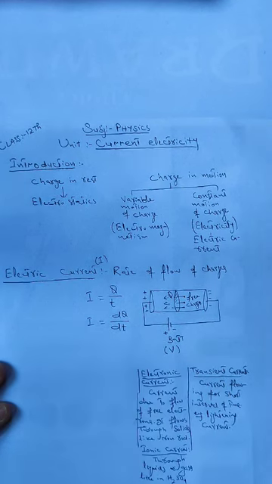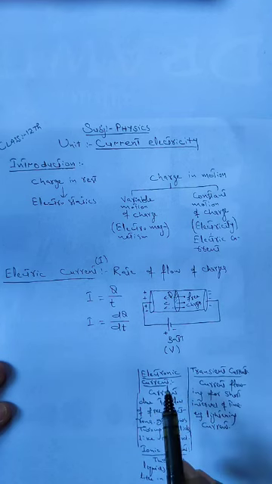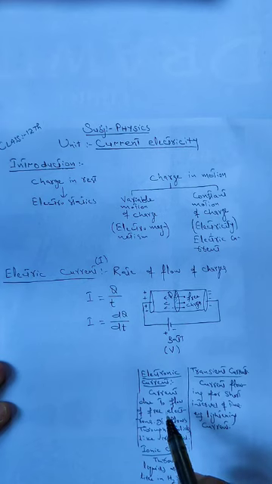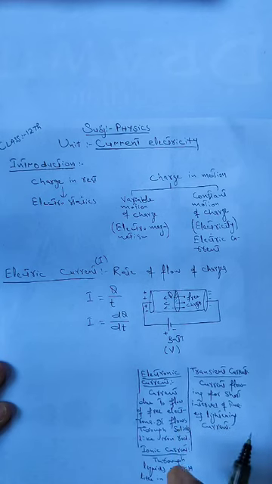Let me take another type of current. Here is the electronic current, then here is ionic current. Electronic current is due to free electrons, and this arises only in solids like iron rods, because in solids atoms or molecules cannot move, but electrons are so small that they can move through the gaps between the atoms or molecules.